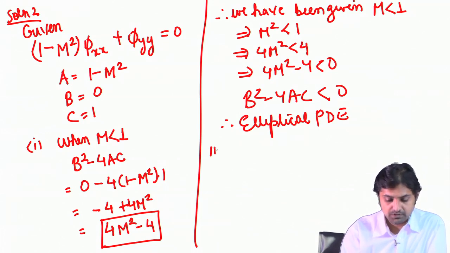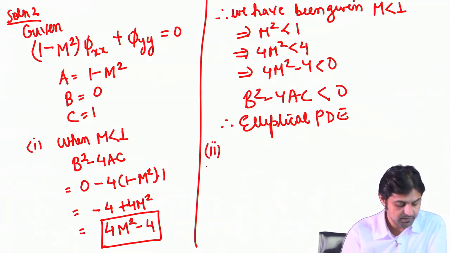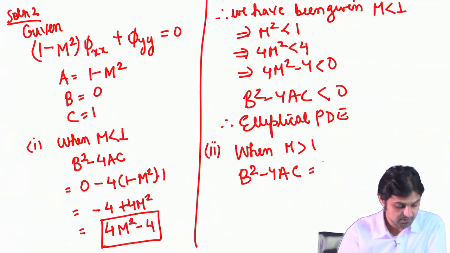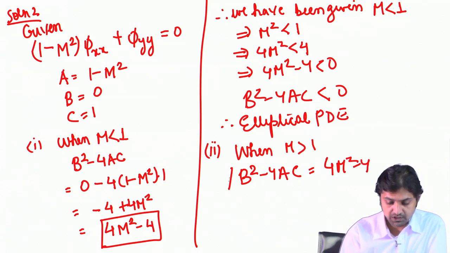So in the second part, when m is greater than 1, we have found out, doesn't matter what the value, but b square minus 4ac came out to be 4m square minus 4, right?